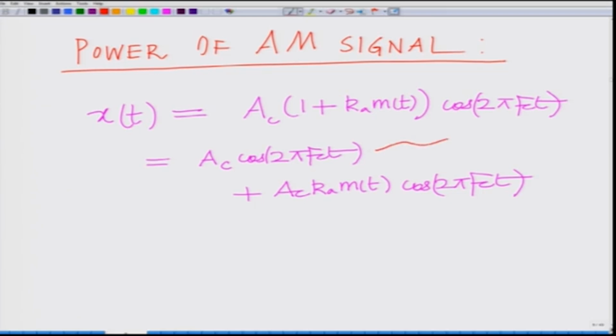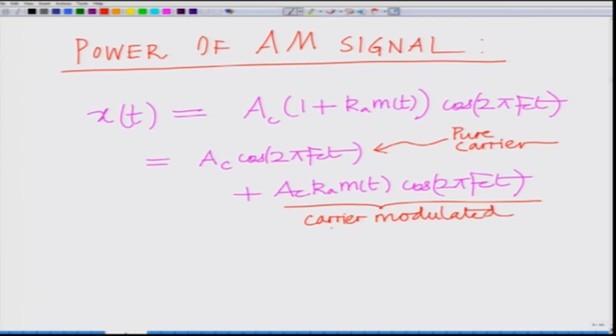Now, this is the pure carrier component, and this is carrier modulated. So, we have two components, one is the pure carrier A_c cosine 2 pi f_c t and the other is the carrier modulated by the message, that is your k_a A_c m(t) cosine 2 pi f_c t.